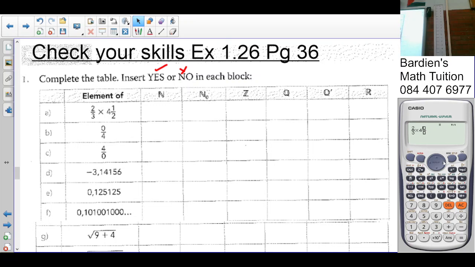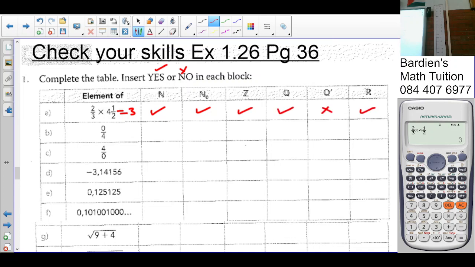Again, the mixed number is 4 and 1 over 2. Then you get an answer of 3. So when we complete this table, we are completing the table for 3. Okay, you guys understand? And not the sum itself, you're looking at the answer there. So 3 is natural, it's a whole number, it is an integer, it's rational, it's not irrational and real. You're all okay with that?